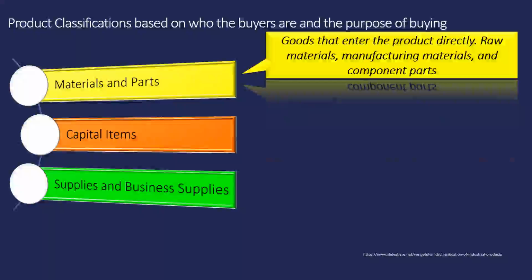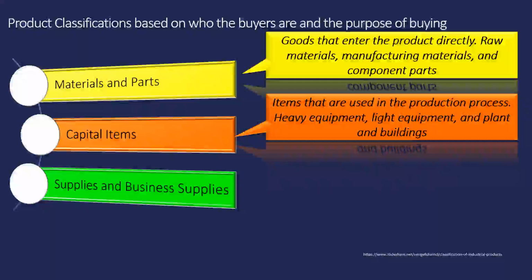How about capital items? Capital items are the items that are used in the production process, which usually are the heavy equipment, the light equipment, and also plant buildings. The capital items are the things that we have to support our production.